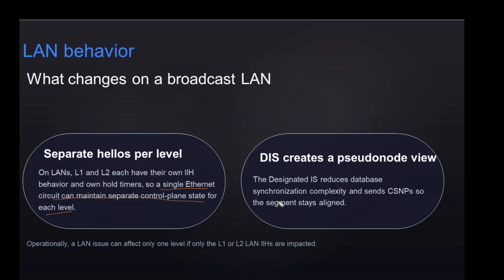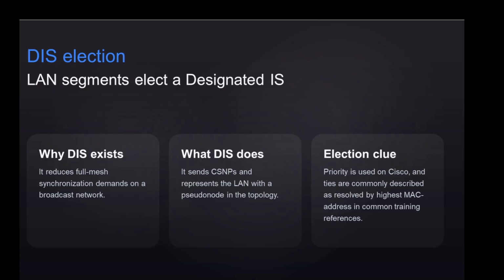The DIS election is analogous to the DR election in OSPF. However, there is no backup DIS in the case of ISIS, like we have a backup designated router in OSPF. Like we discussed, the DIS election process occurs on a LAN segment.